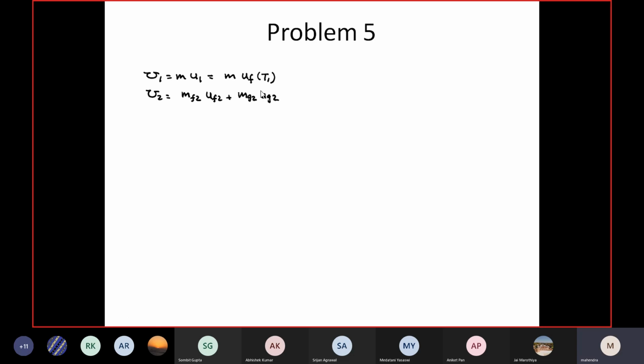Then what are we doing over here? We are calculating the respective values of the fluid. Point 1 is given, and its total mass is given. According to that, U1 equals Uf1, which is this much. From the data book also you can take this.